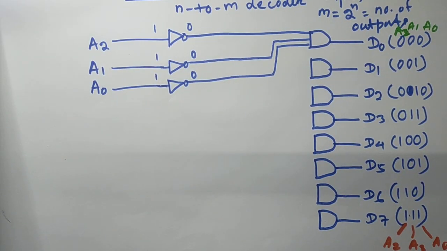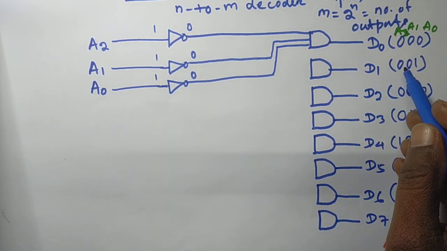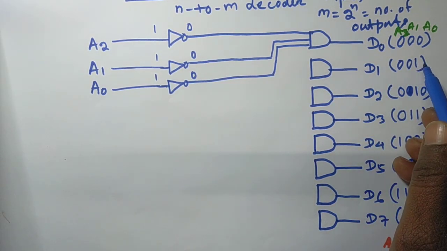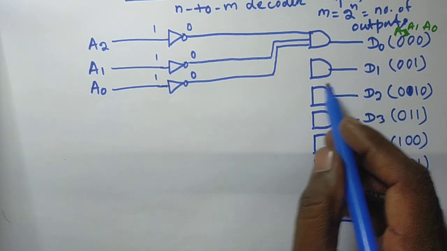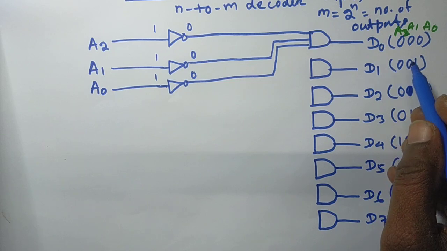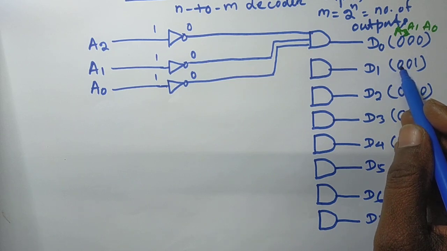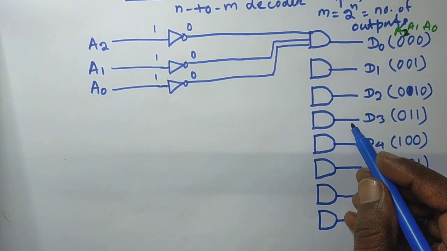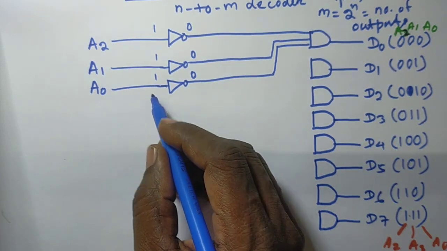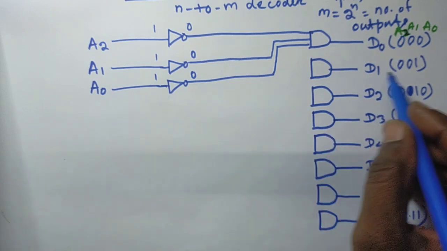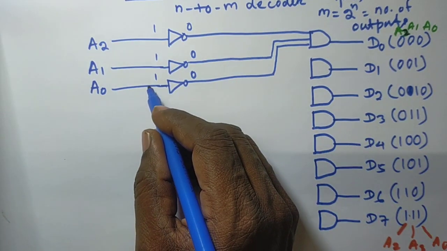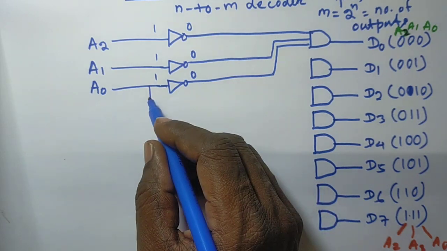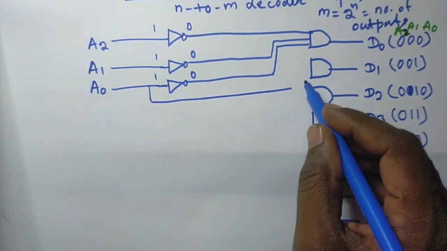This is one concept. Next is 001. What does 001 mean? A0 is 1, A1 is 0 and A2 is 0. Since A0 is 1, we connect from before the inverter, very simple.